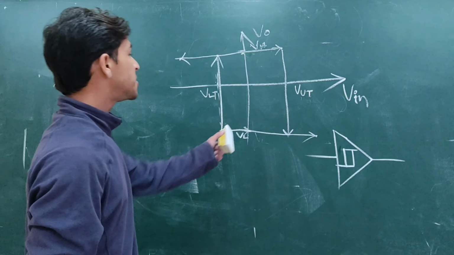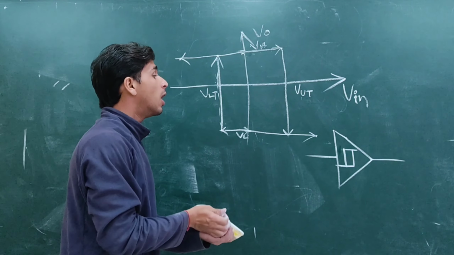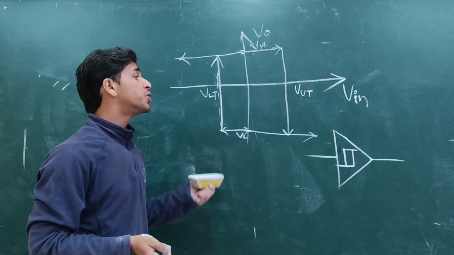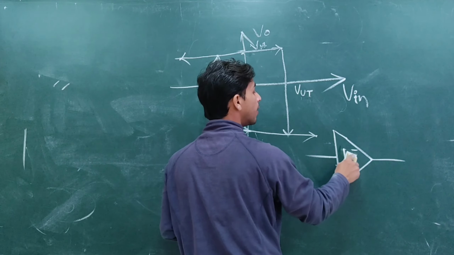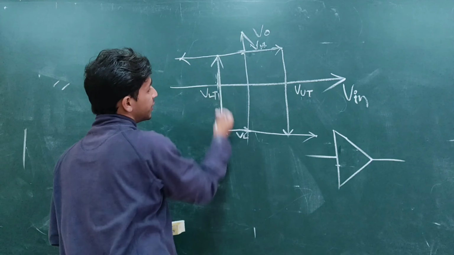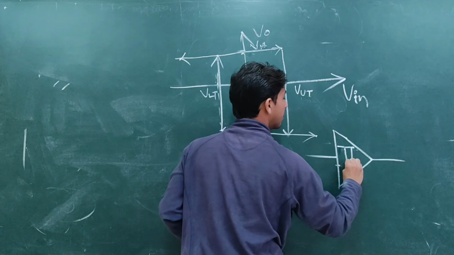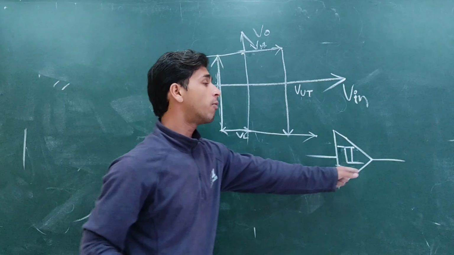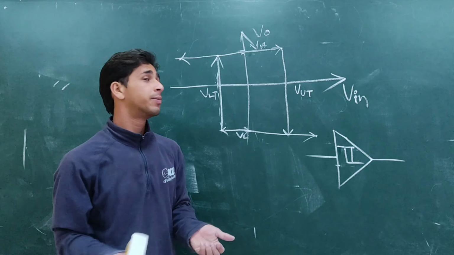So this is the hysteresis or characteristic curve for an inverting Schmitt trigger circuit, and the symbol for it is denoted by just replacing it with this hysteresis curve. So this is the symbol for an inverting Schmitt trigger circuit.